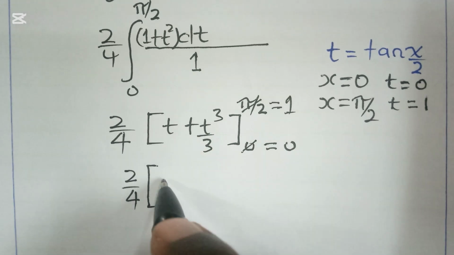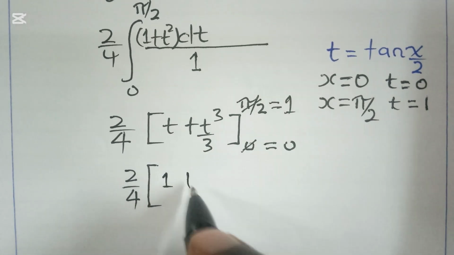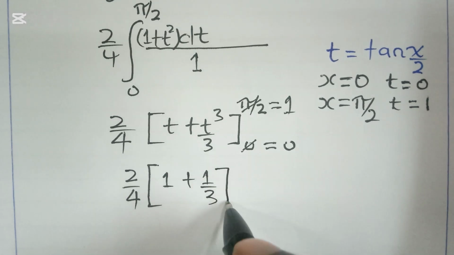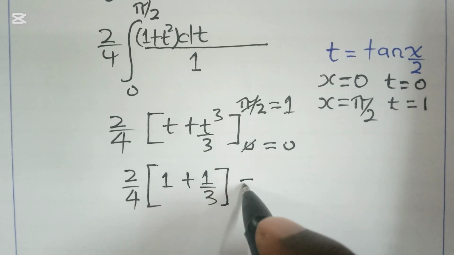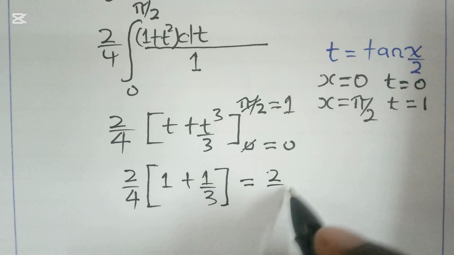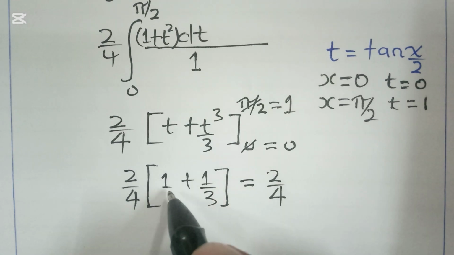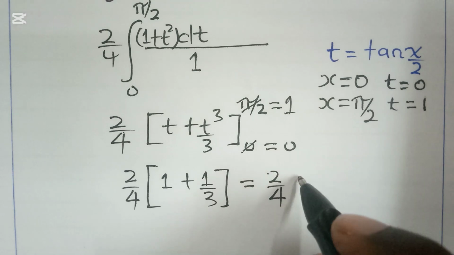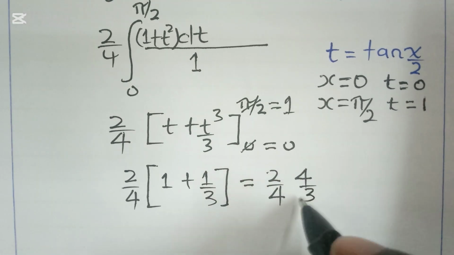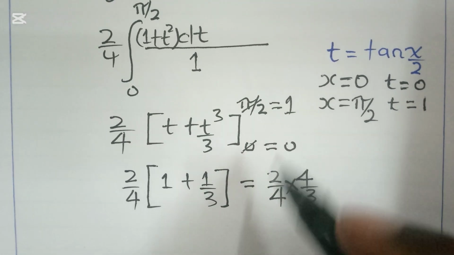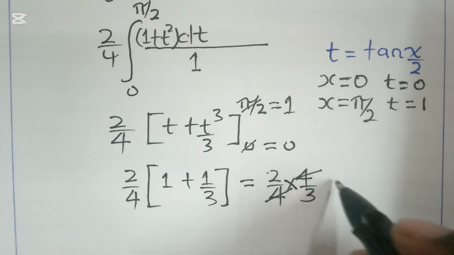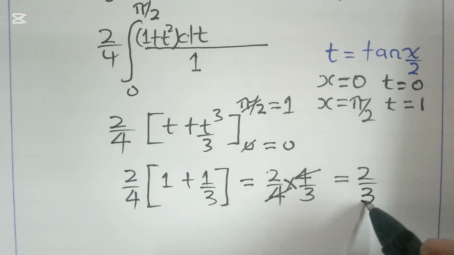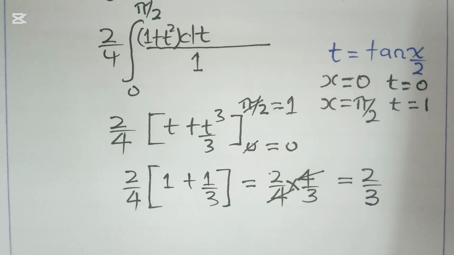When we put 1, we shall have 1 plus 1 all over 3. So this one gives us 2 over 4 multiplied by 4 over 3, like that. So guys, you can cancel that and that, and your solution is going to be 2 all over 3.